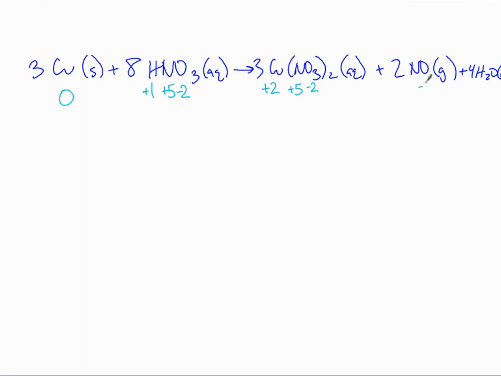Over here we have oxygen, which is -2, which means this nitrogen is +2. And then for the water, we have oxygen -2, hydrogen +1. And so that's how we go through and figure out our oxidation numbers for each element in a compound in a reaction.